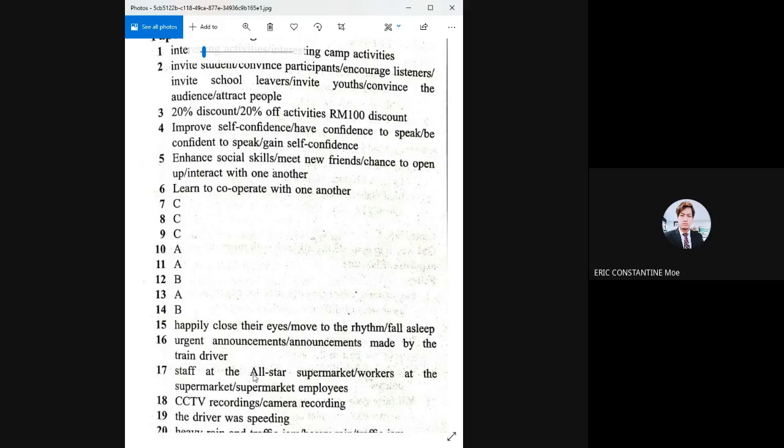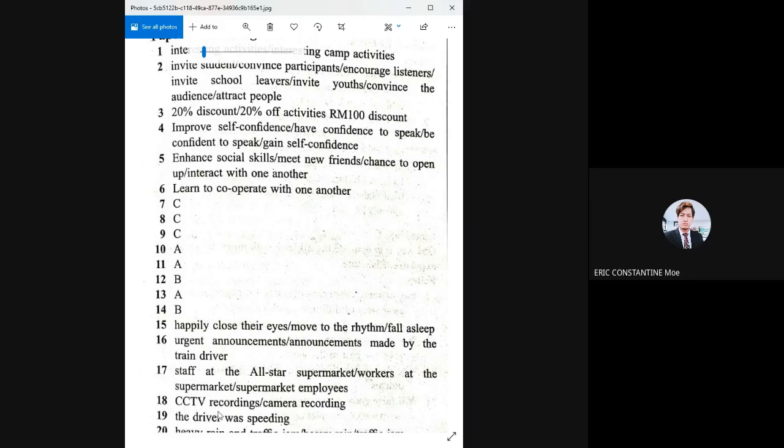So this one has to be capitalized. All Star Supermarket, or workers at the supermarket, or supermarket employees. All right. 18, CCTV recordings or camera recording. Okay, so that's for 18.